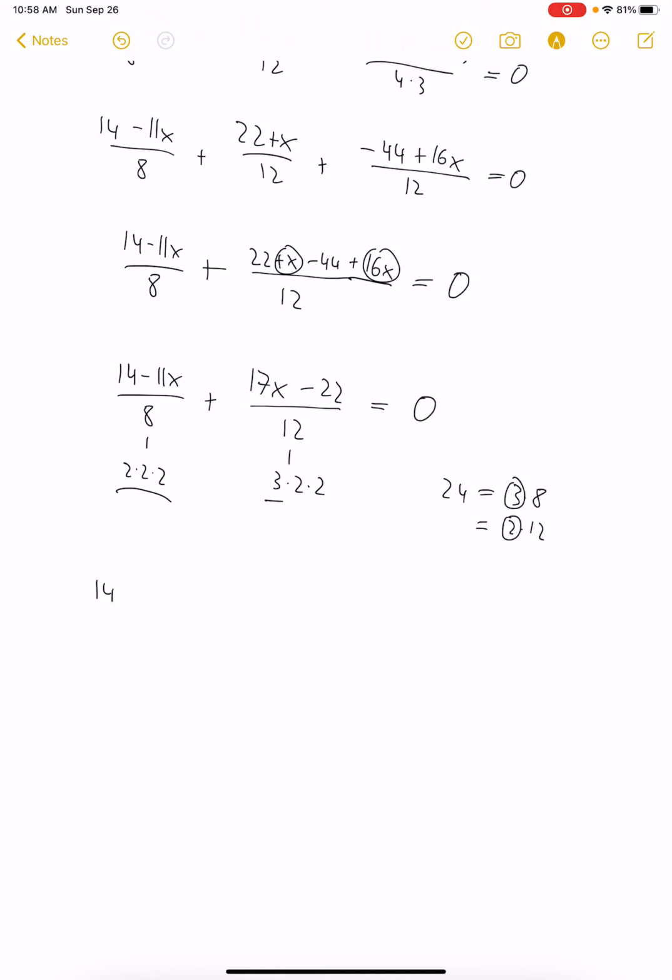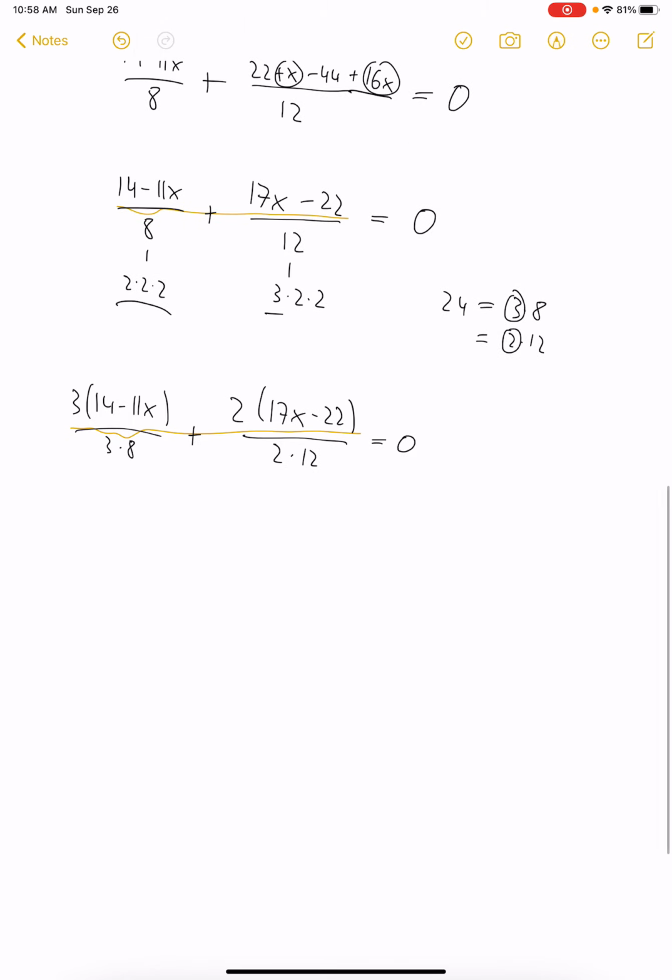So we get 14 minus 11x, and the whole thing is multiplied by 3, and then we divide by 3 times 8. And then the second fraction we multiply by 2: 17x minus 22, divided by 2 times 12, is equal to 0.